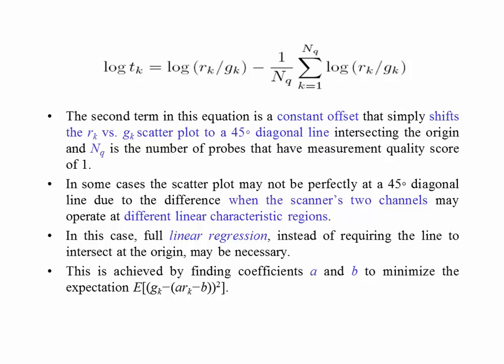So the second term in this equation is a constant offset that simply shifts the RK versus GK scatter plot to a 45-degree diagonal line intersecting the origin, and NQ is basically the number of probes that have measurement quality score of 1, that means where good hybridization has taken place. And of course, you have to quantitatively check that.